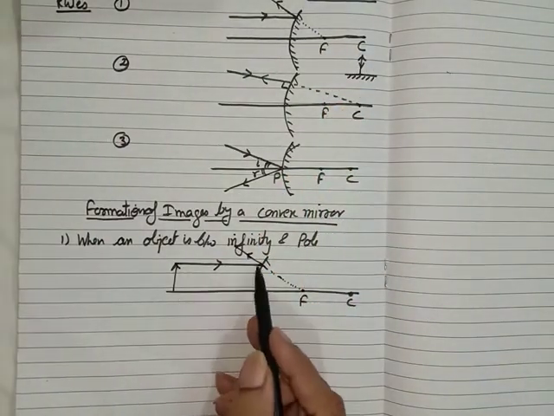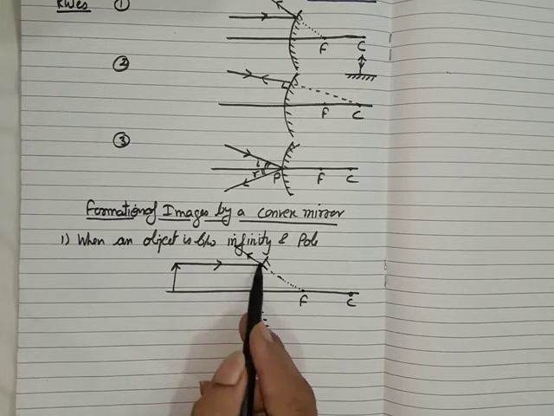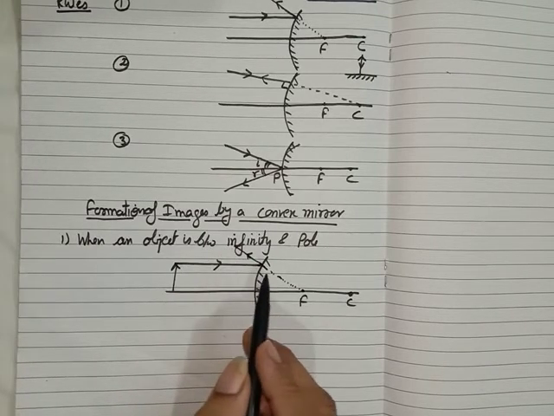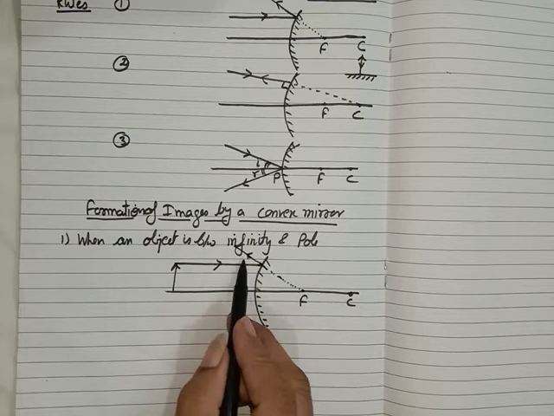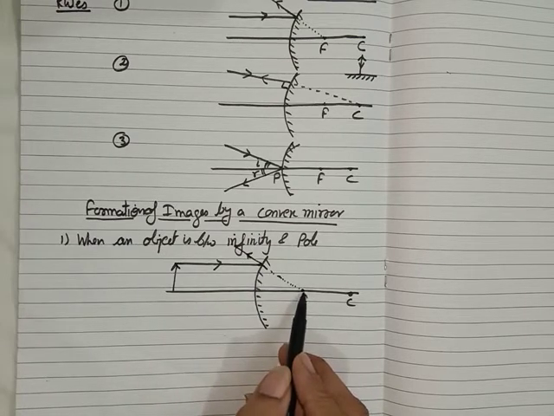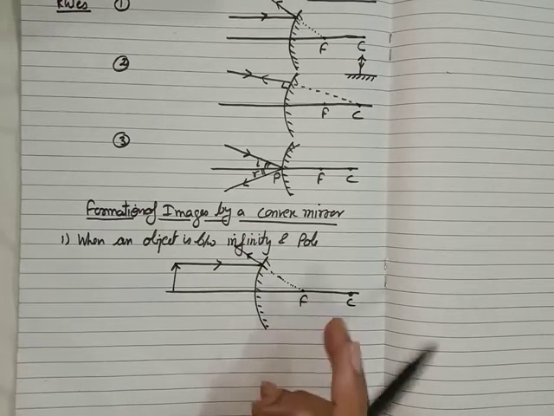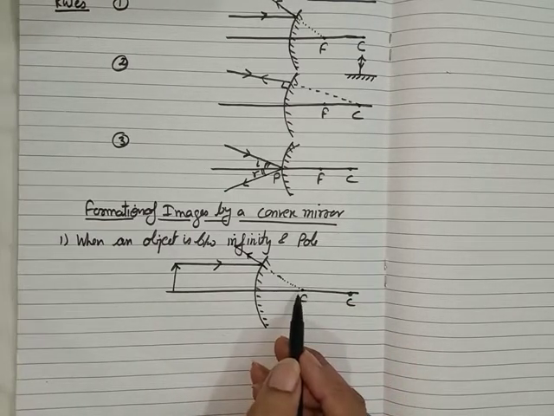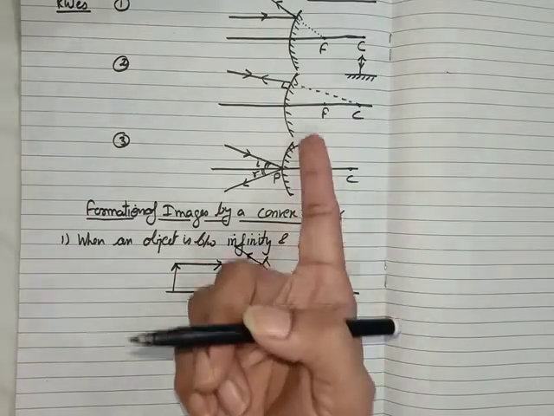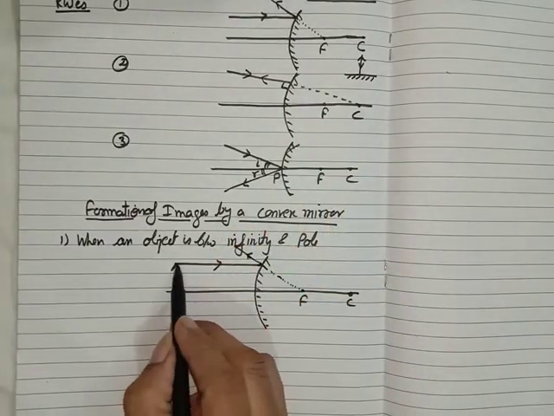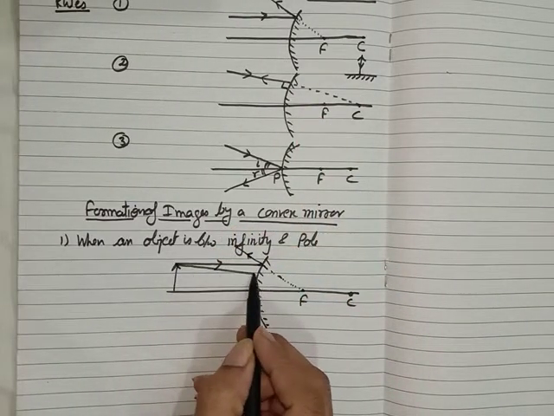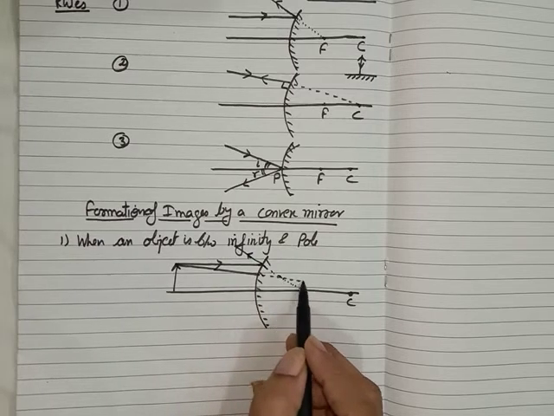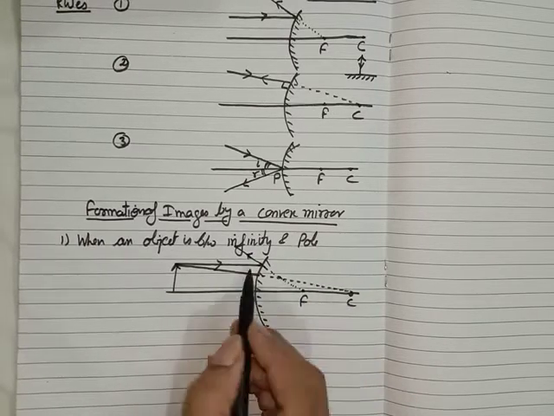This is our first rule: the light which is coming parallel to the principal axis appears to reflect on the path as if it is coming from the principal focus of the convex mirror. Now the second rule is this one: the light ray which is coming towards the center of curvature is reflected on its own path.